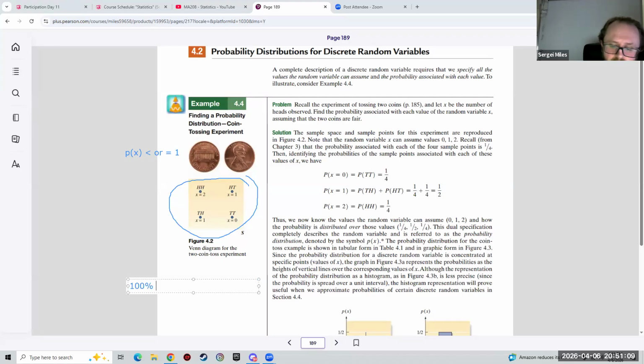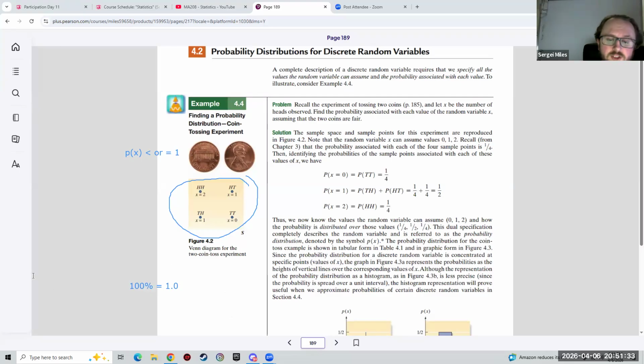We've talked about this before, where decimals and percentages can be represented in these different ways. 100% in its decimal format is the number 1, all right? And so if you add up all the probabilities, all of them for all of your possible sample points for a discrete random variable, it has to add up to 1.